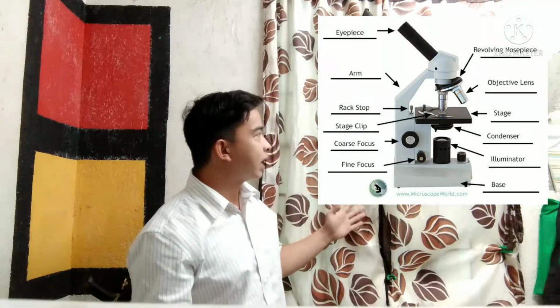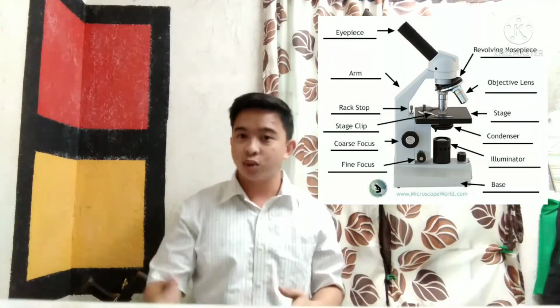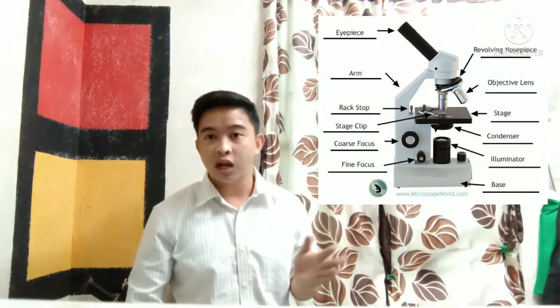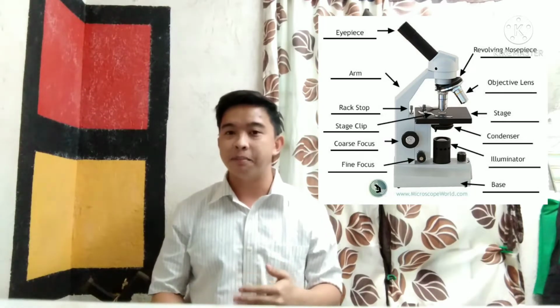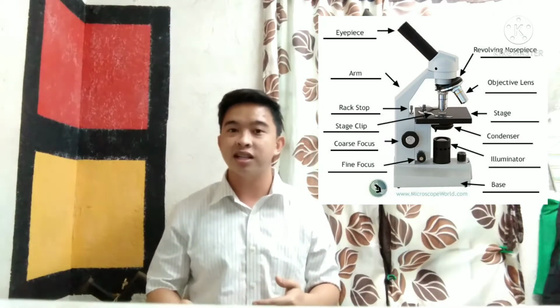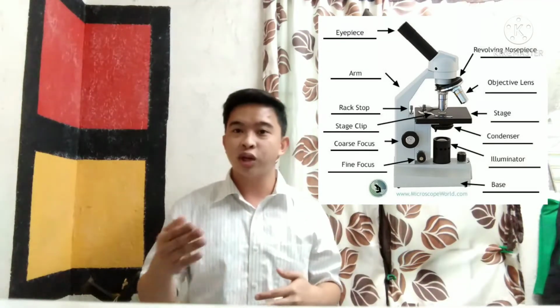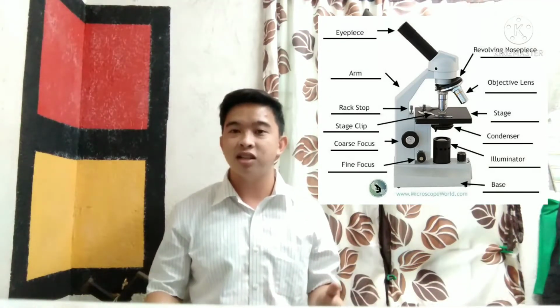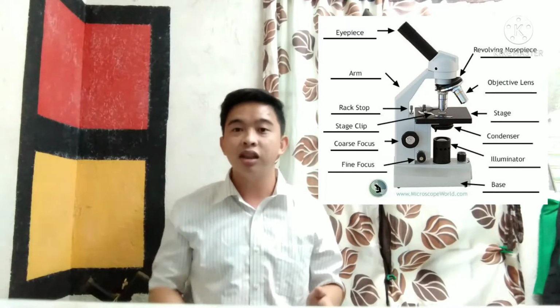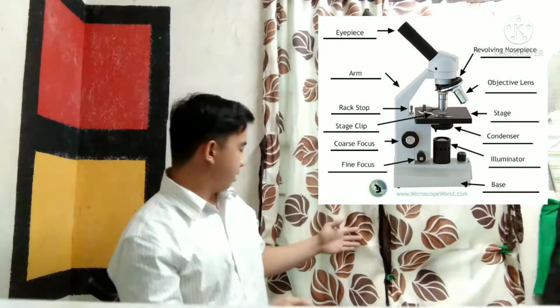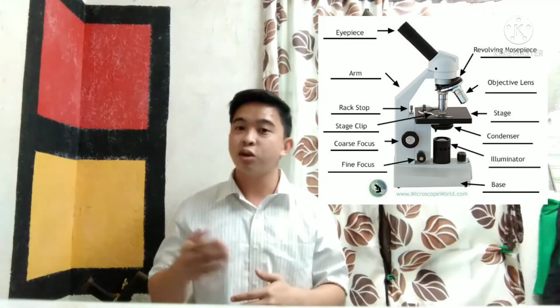There are also two types of focus in the microscope. This one is the coarse focus, which allows for quick focusing by moving the objective lens or stage up and down. And the fine focus sharpens the focus quality of the image after it has been brought into focus with the coarse focus knob. Lastly, the base, which supports the illuminator.